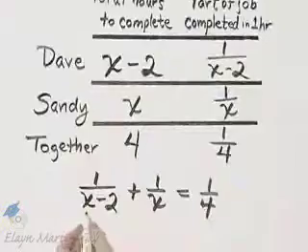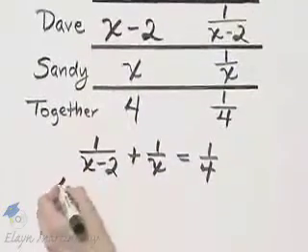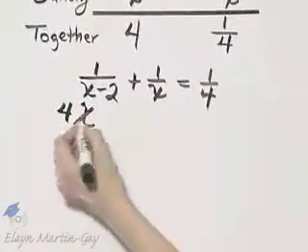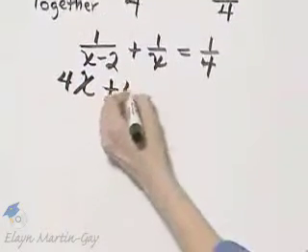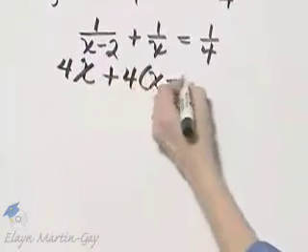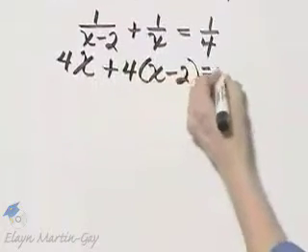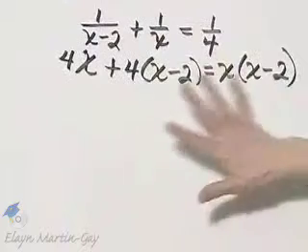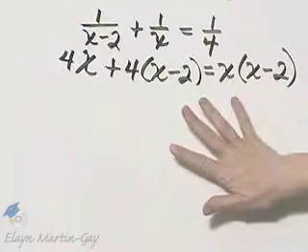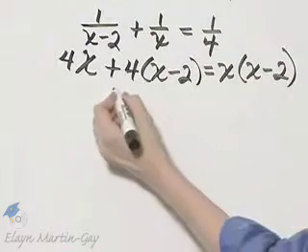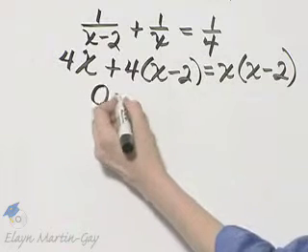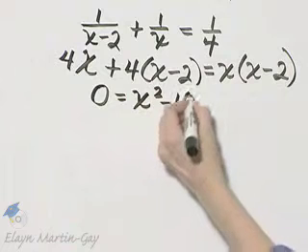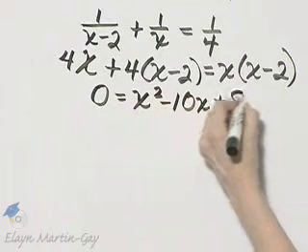If you multiply through by the LCD, you will have 4 times X plus 4 times X minus 2 is equal to X times X minus 2. Then multiply everything. You'll have a quadratic equation. Set it equal to 0, and you'll have 0 equals X squared minus 10X plus 8.